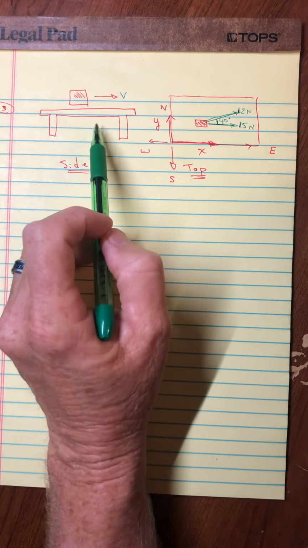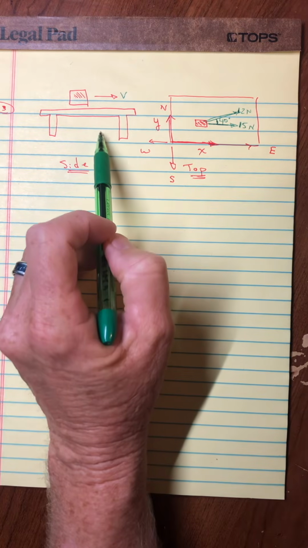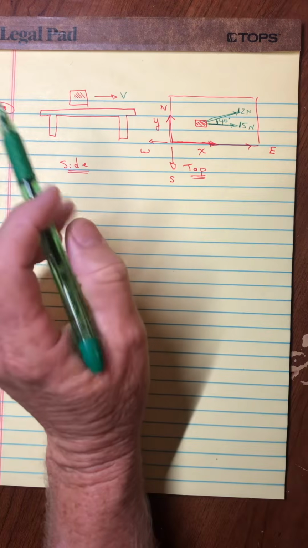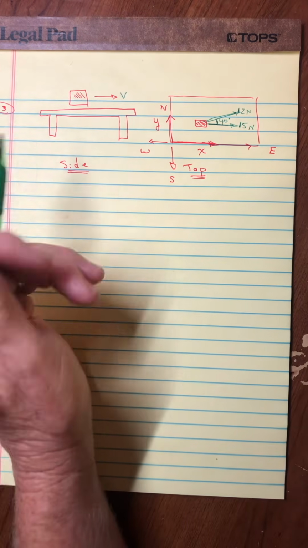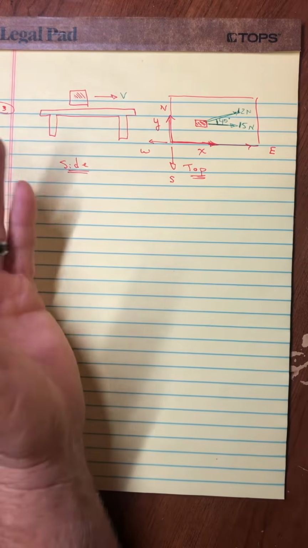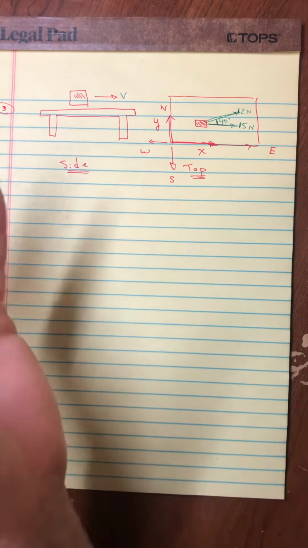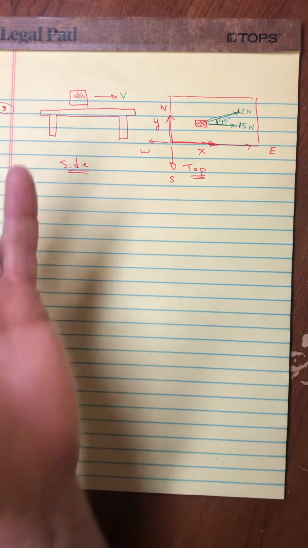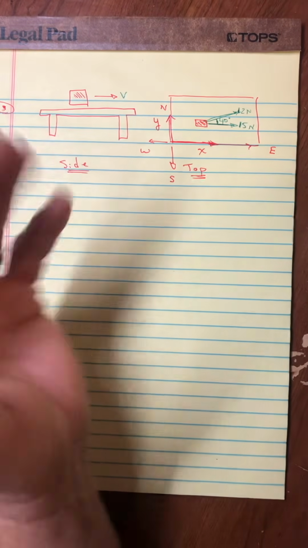And that's the part that I'm really trying to emphasize. You really need to have a good physical picture of this one. Because without a good physical picture, you're not going to do the free body diagram right, which means you're not going to add up the forces right, which means you're not going to get the answer completely right.